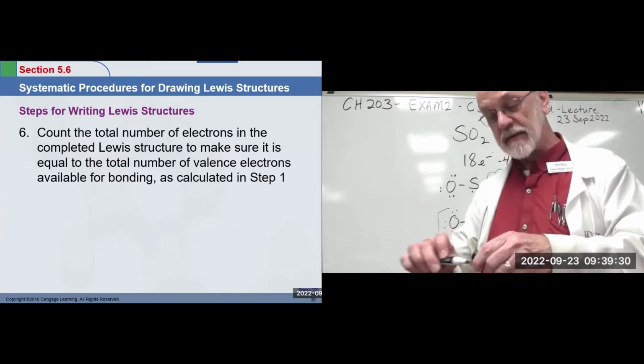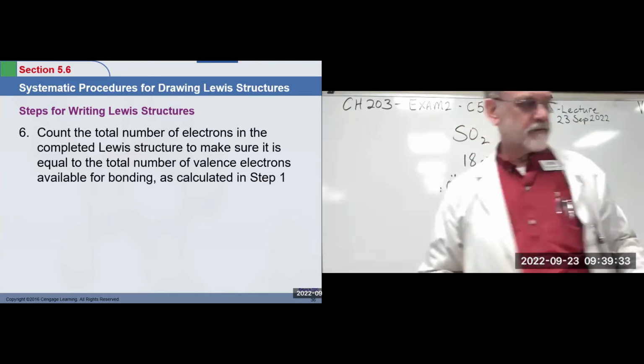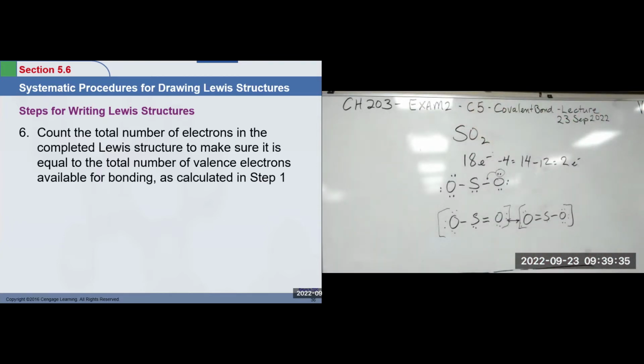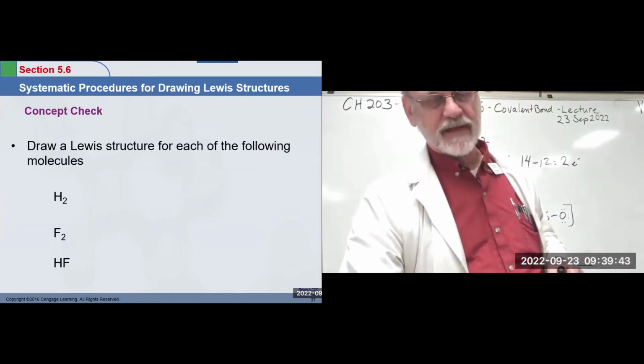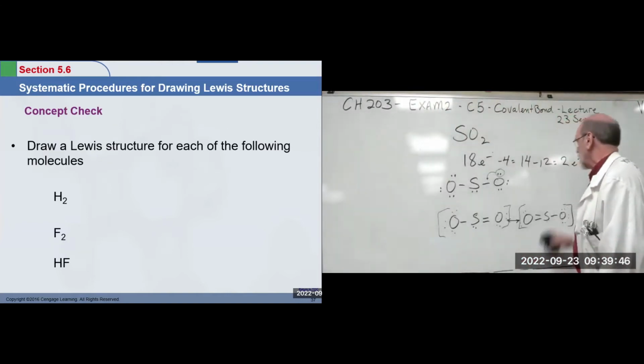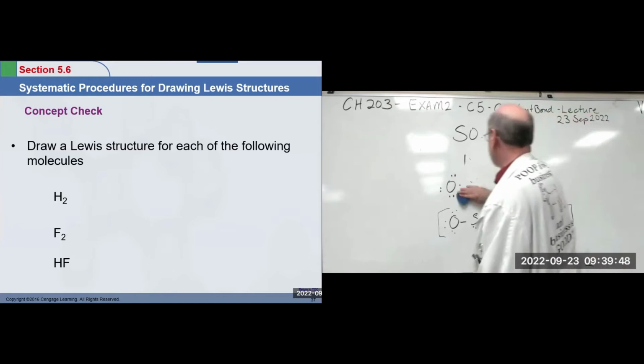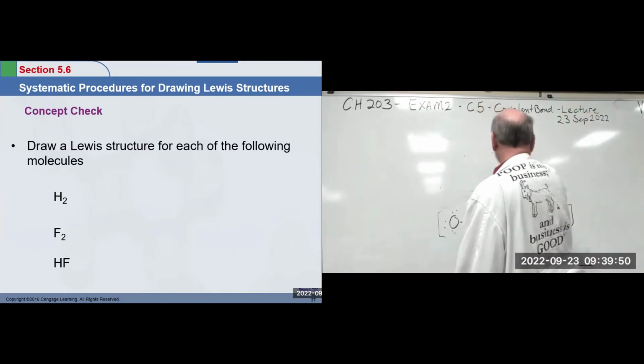Right. So you can see that for every solution to a problem, there are created 3 or 4 more problems. Okay, so let's draw Lewis dot structures for some others.